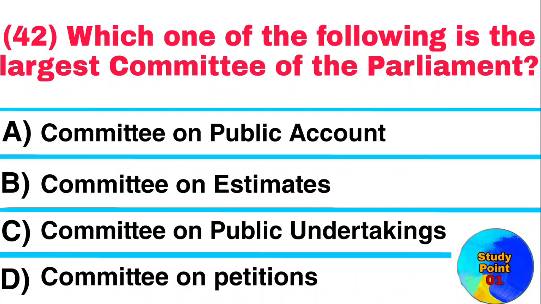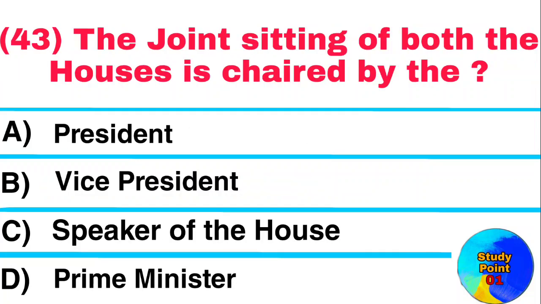Question. Which one of the following is the largest committee of the Parliament? A. Committee on Public Accounts. B. Committee on Estimates. C. Committee on Public Undertakings. D. Committee on Petitions. Answer. Committee on Estimates. Question. The joint sitting of both the houses is chaired by A. President.